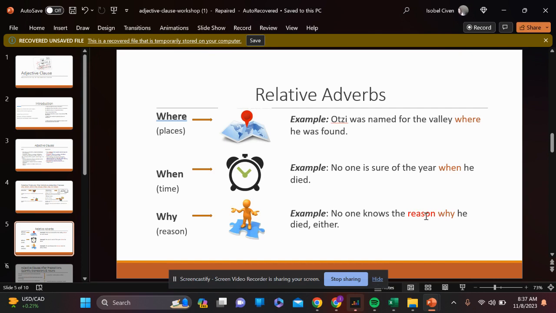Why describes the reason. You need to put the where, when, and why directly after the noun that you describe. That's very important, or else the meaning of your sentence may be unclear.